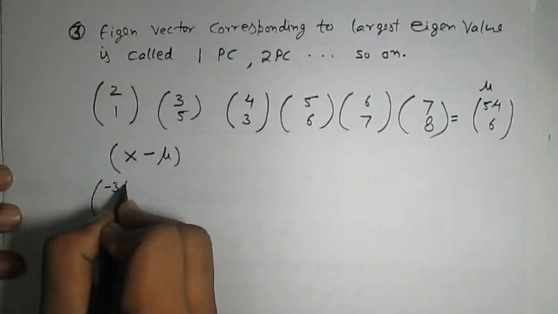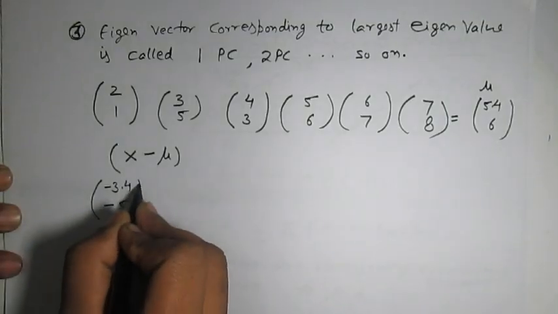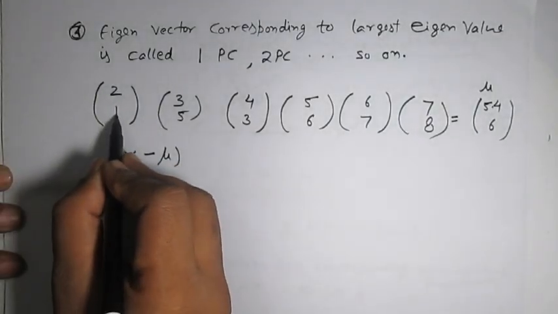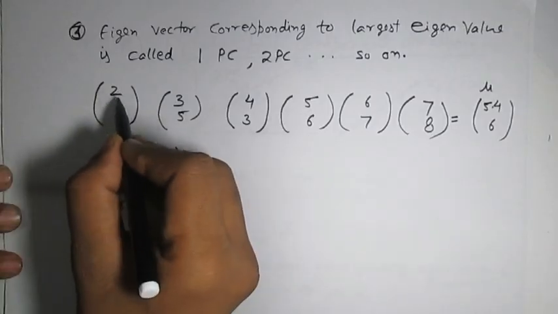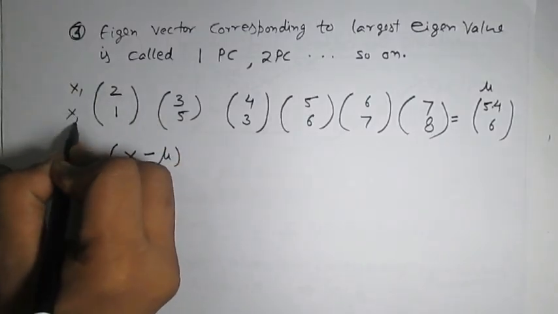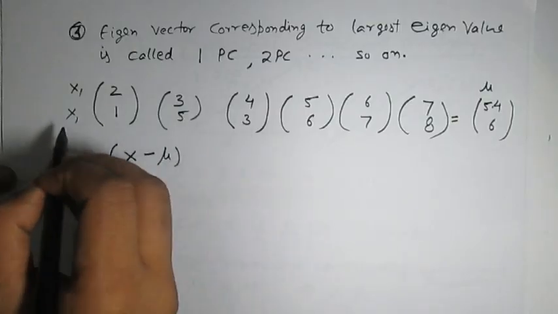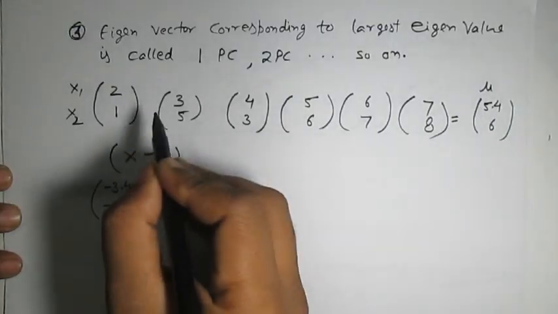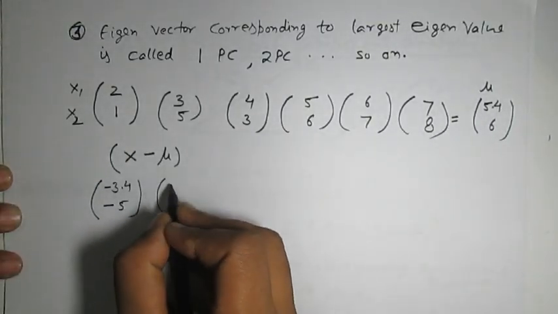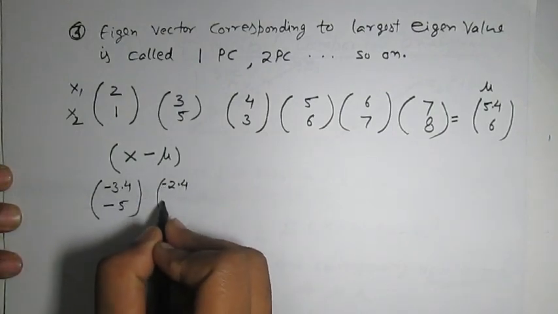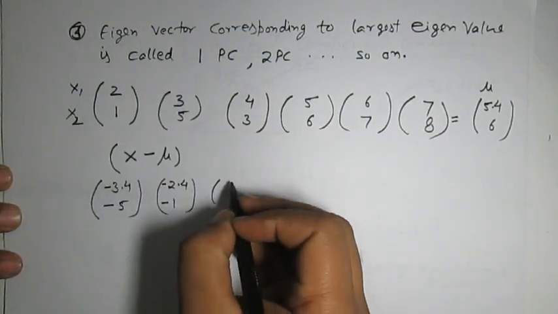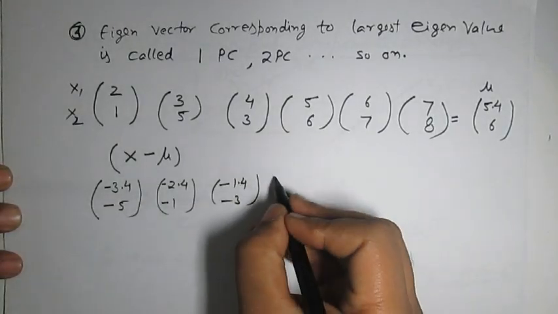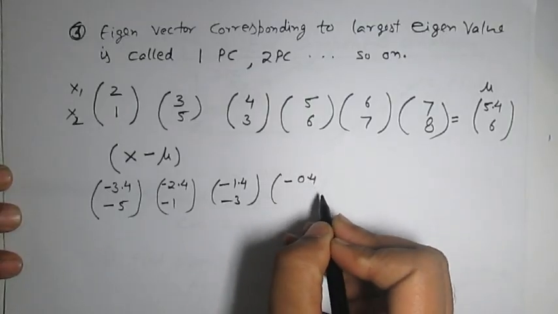This is minus 3.4, minus 5. Let us call these x1 and x2, so x1 minus mu, x2 minus mu: 3 minus 5.4, 5 minus 6, this is minus 2.4, minus 1, minus 1.4, minus 3, minus 0.4, 0.